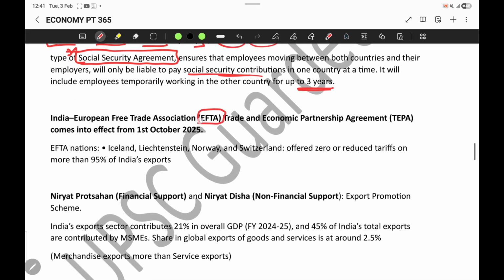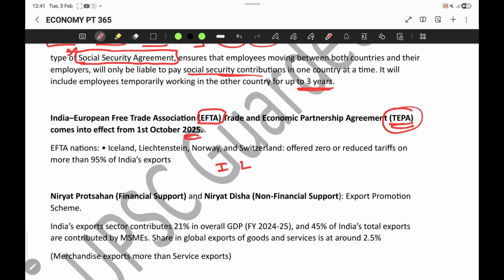EFTA, India-EFTA, the European Free Trade Association Trade and Economic Partnership Agreement, TEPA. The TEPA agreement is signed between which of the following countries? India and EFTA. It comes into effect from October 2025. Which are these EFTA nations?